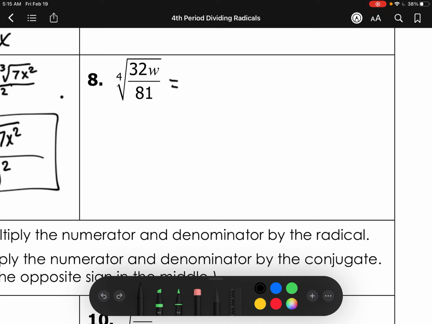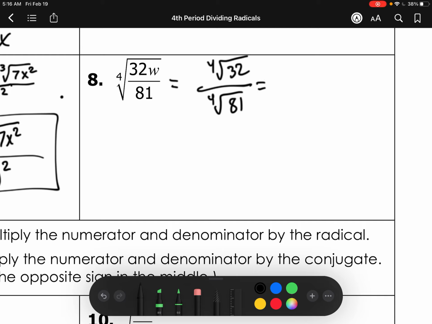And you can look at the front of your other worksheet that we were working on yesterday, the adding and subtracting, so you can look at the perfect squares, cubes, and fourths that we wrote down. So I'm going to change this to the fourth root of 32w divided by the fourth root of 81.